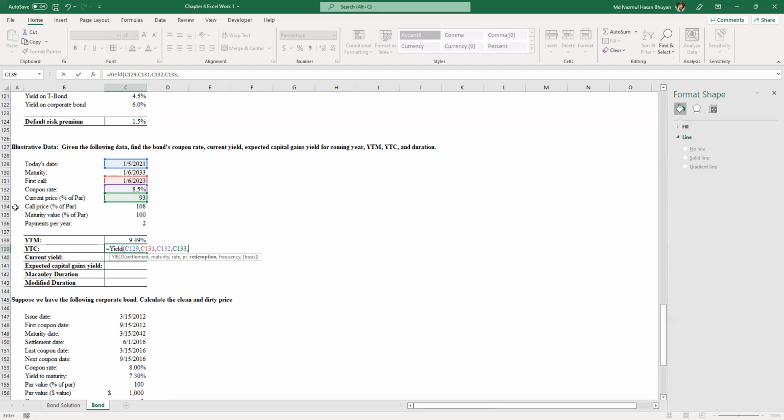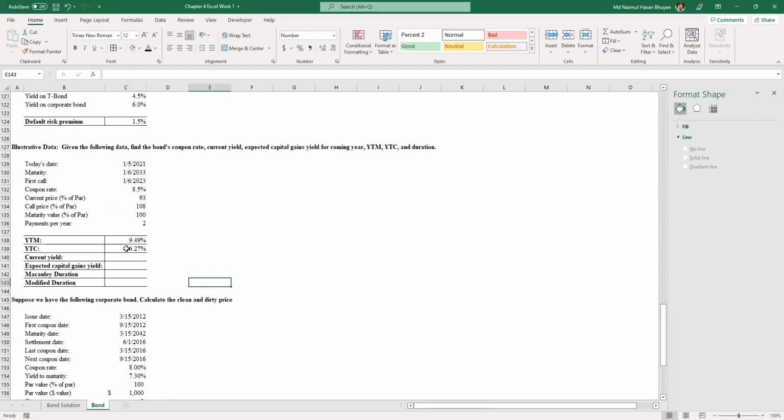So now we are going to consider the call price. In this case, the bond issuer will actually pay 108% of the face value of the bond if they retire the bond. So the redemption value bondholders should get here is 108, and then frequency, and hit enter. So yield to call is 16.27%.